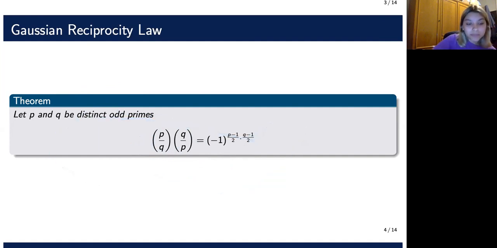Mathematicians have wondered about easier computation of the Legendre symbol, because sometimes we can compute it very easily, but sometimes it's harder. So the quadratic reciprocity gives us a connection between the values of the Legendre symbol like this, for different odd primes P and Q.